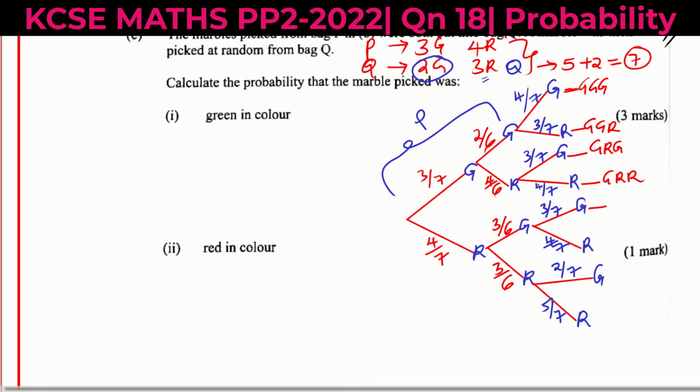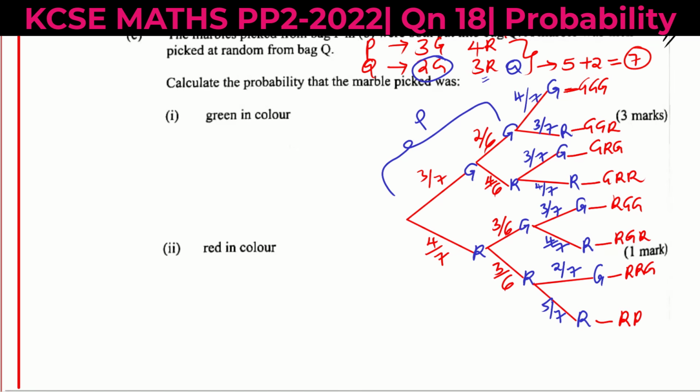This one will be red, green, green. Then this one will be red, green, red, green, and red. Then red, red, and green. Then the last one will be 3 reds. Now the tree diagram is complete with the marbles from P and the marbles in Q.